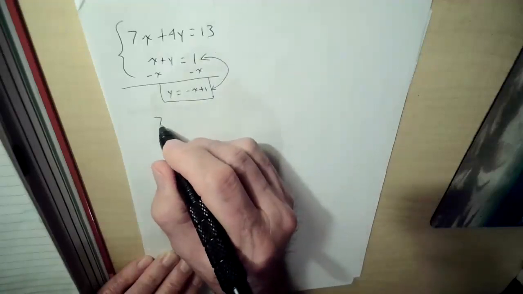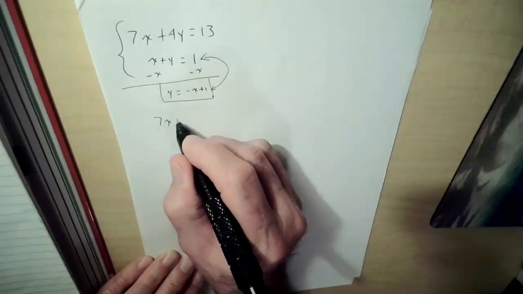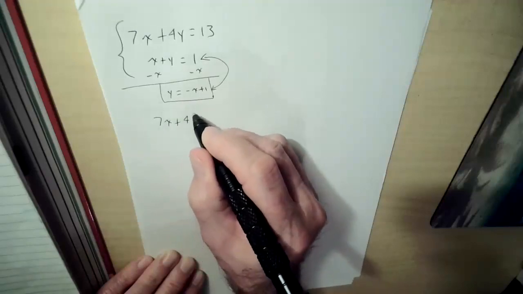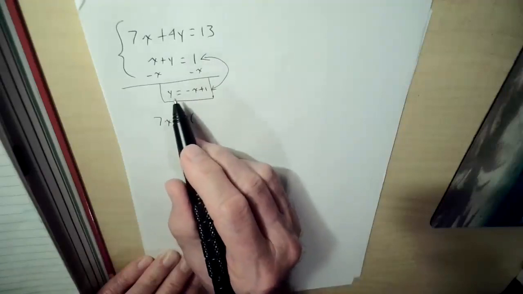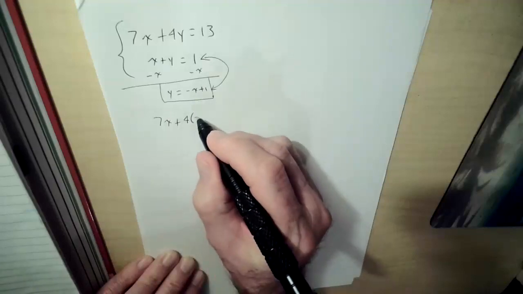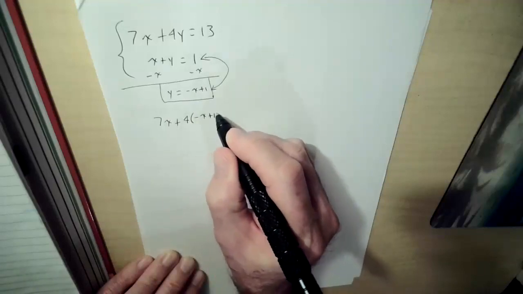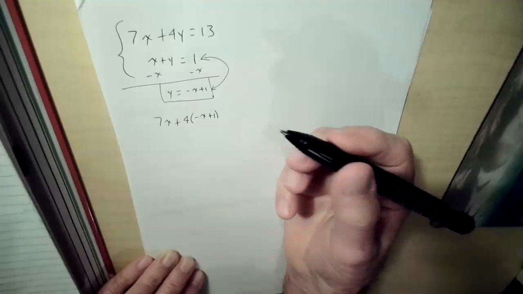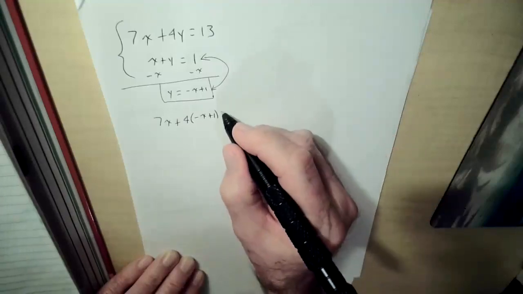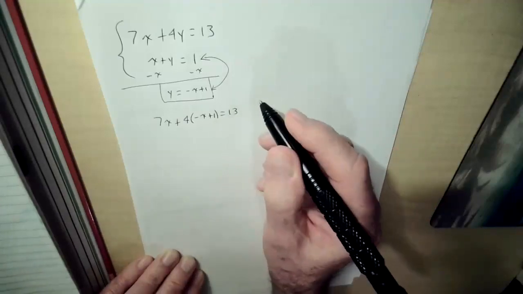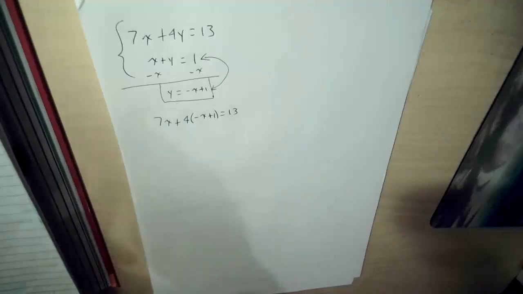They're all basically the same thing. So now we're going to plug negative x plus 1 into this one up here. So we get 7x plus 4 times y, but instead of y, we plug in negative x plus 1, equals 13.